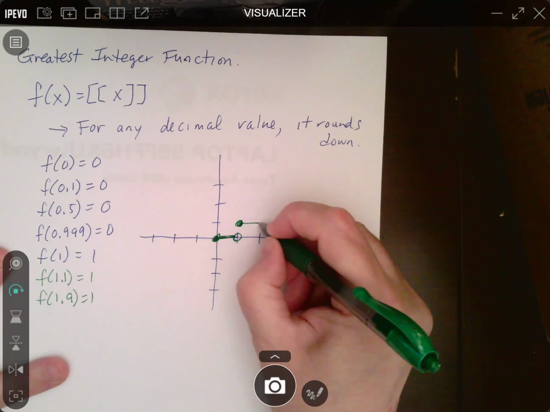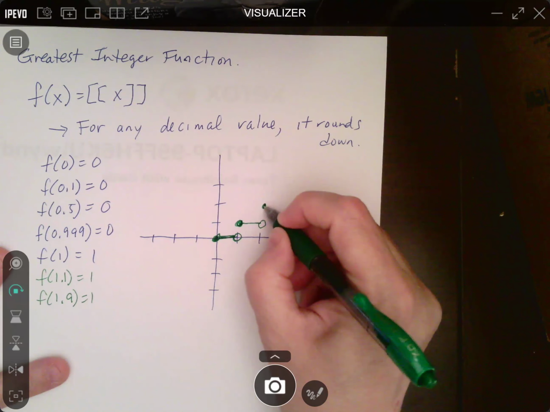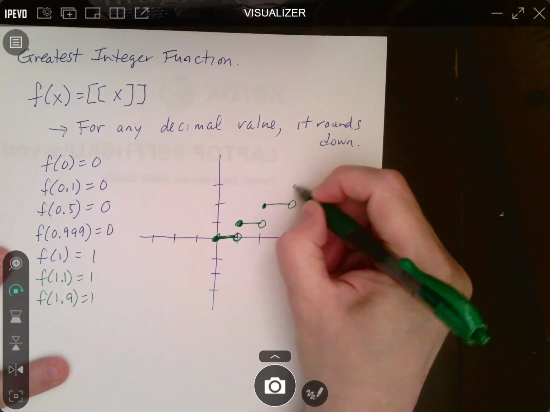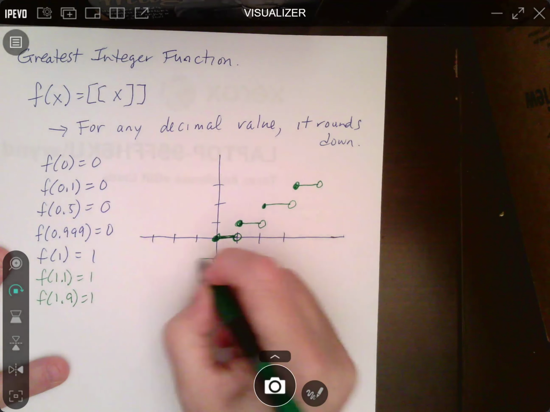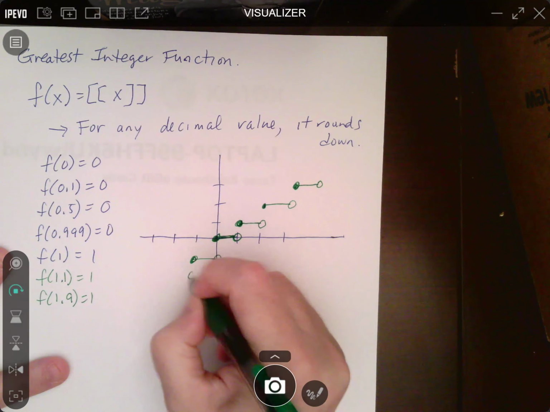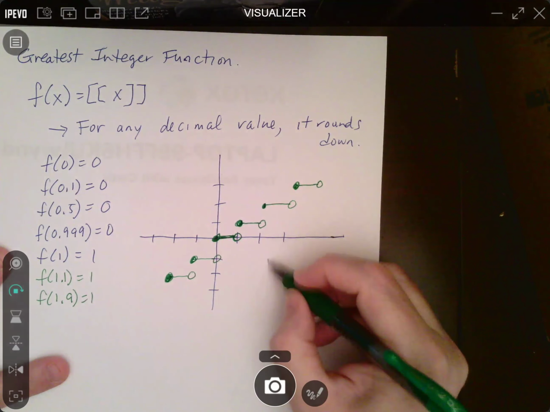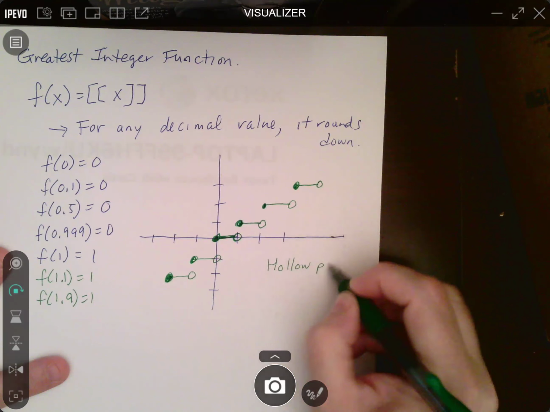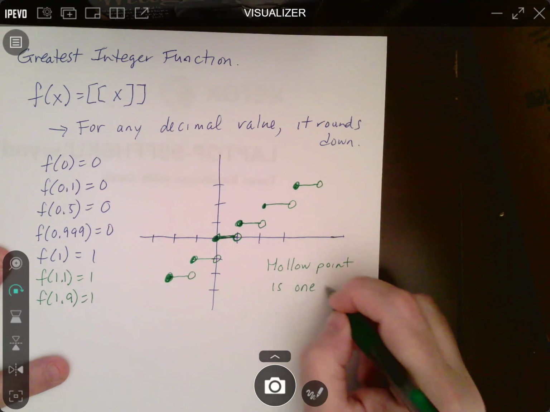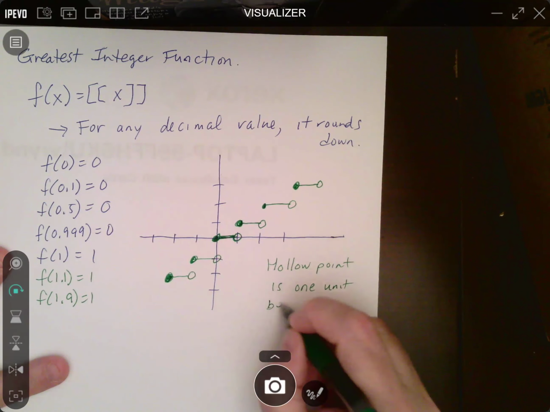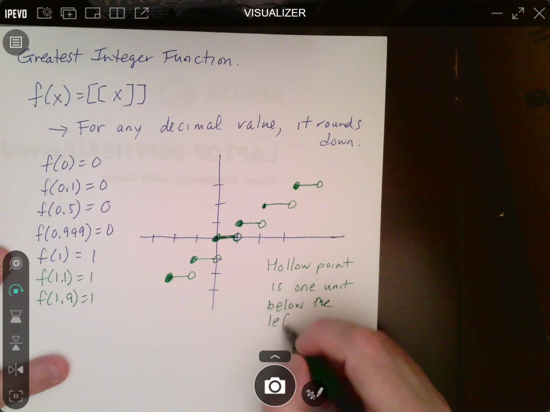This is going to go all the way up to 2, and as soon as it gets to 2, it jumps up to 2. So it makes this staircase. And the hollow point is one unit below the left side of the line above it.